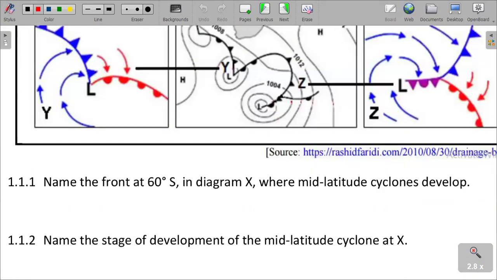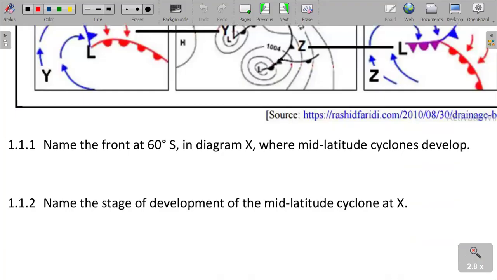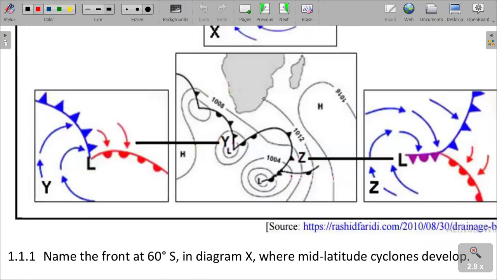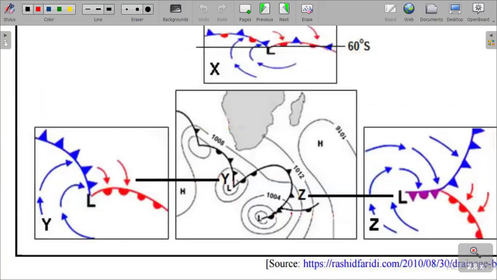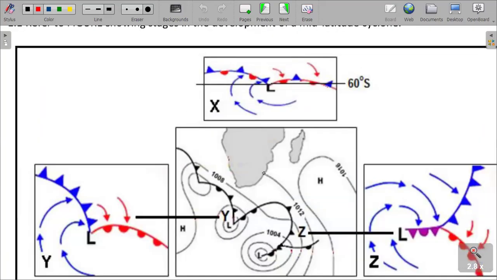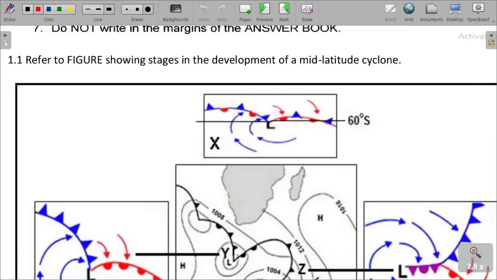The question reads: name the front at 60 degrees south in the diagram, X, where mid-latitude cyclones develop. I'm sure that if you can remember this question, I had a time whereby I explained that this is how it goes at 60 degrees south latitude.